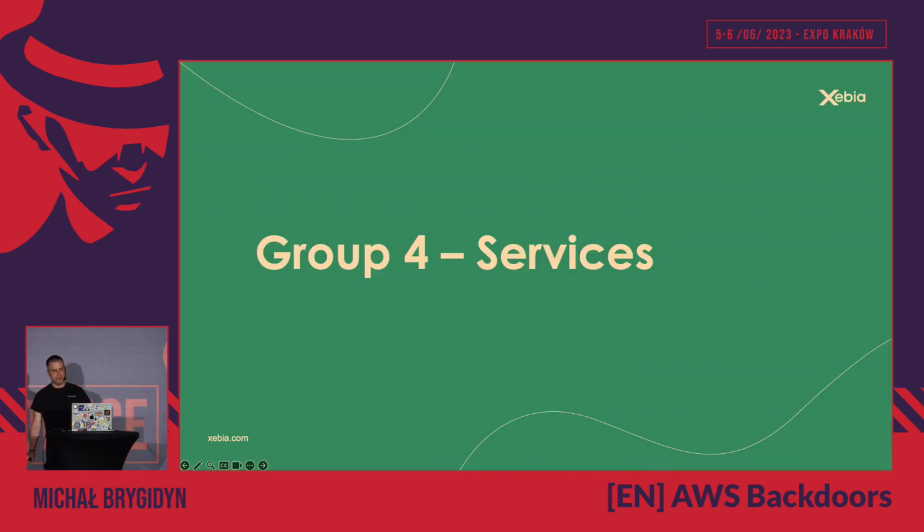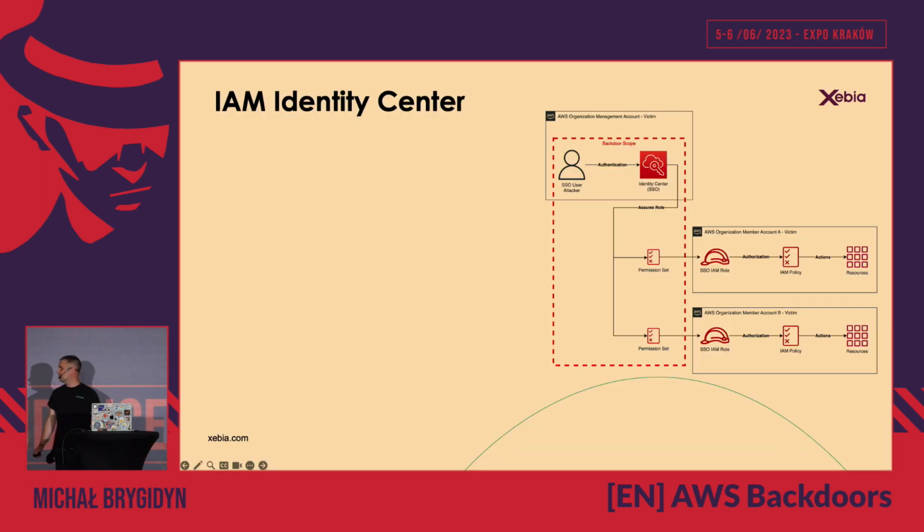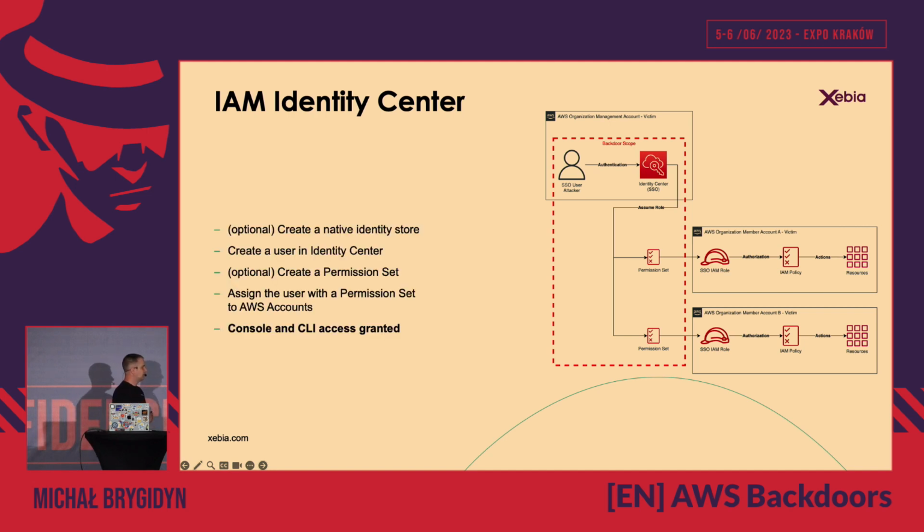Next group, we have services. And let's start with AWS SSO, now called IAM Identity Center. If you don't use AWS SSO, but you have the organization and you use it the old way, then I can create a new AWS SSO instance for you. And you will not know about it.